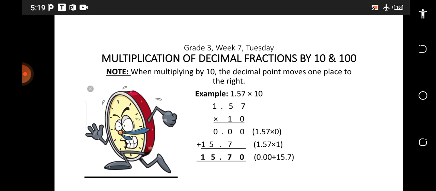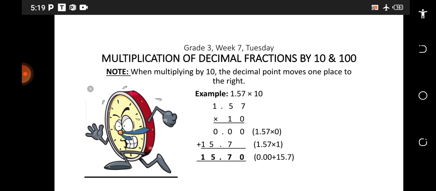This is 1.57 multiplied by 10. You can use the direct multiplication method, which we call the column method. We know that 0 times any number is 0, so 0 multiplied by 1.57 gives all zeros.